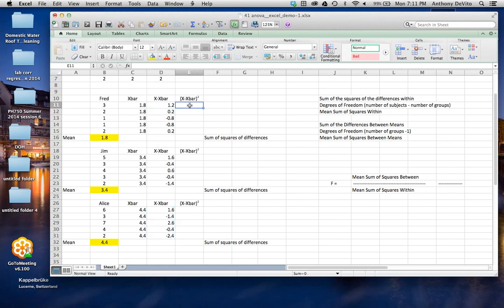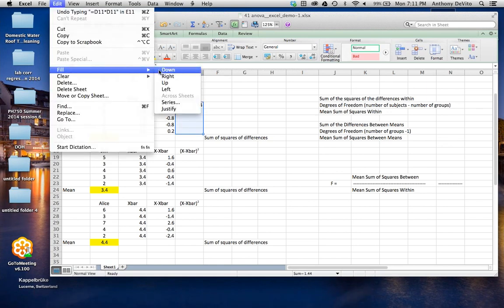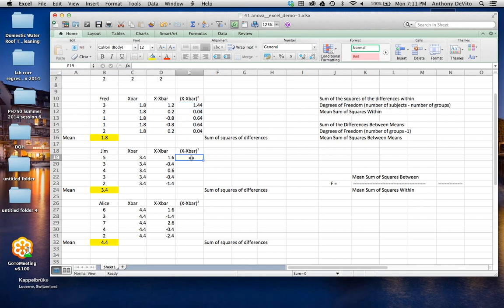Then I'm going to take the square of the differences, and I'll copy that down. Same thing here, and I'm going to copy that down.